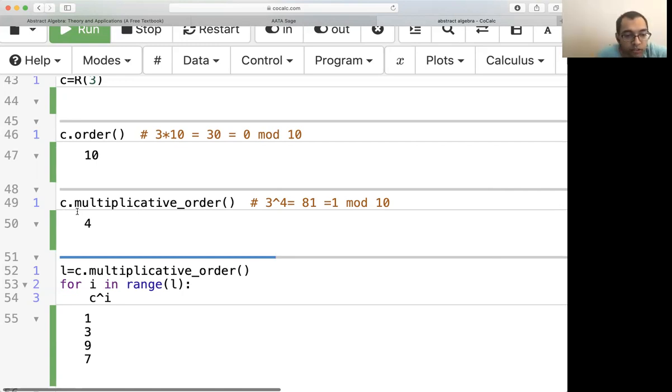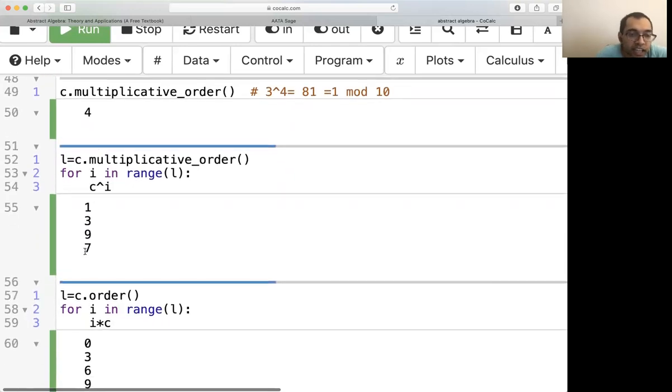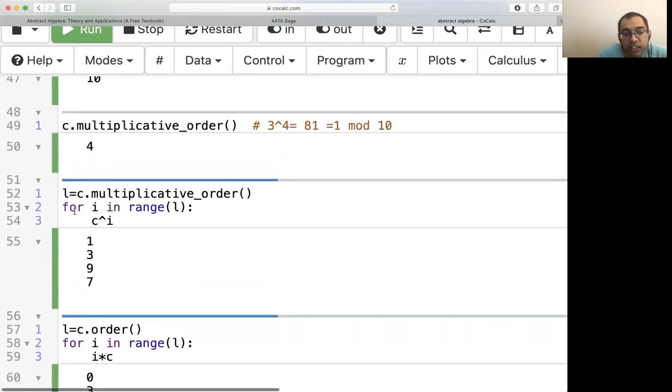Okay, so then in terms of generating the group generated by 3, I only could think of a silly or naive way to do this, and that's just using a for loop to compute the powers, for example. So let L be the multiplicative order. So here that was computed to be 4, and so I'm just saying now I'm computing this for loop.